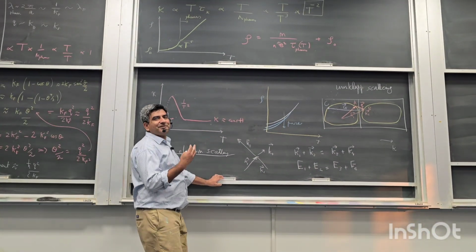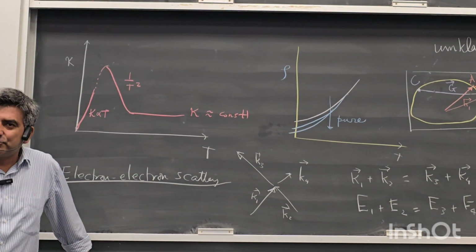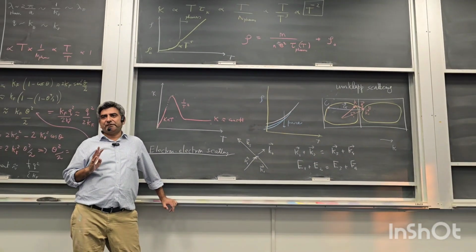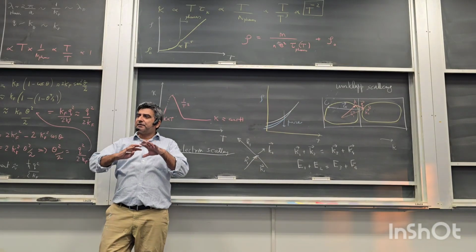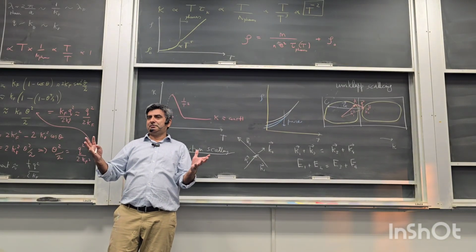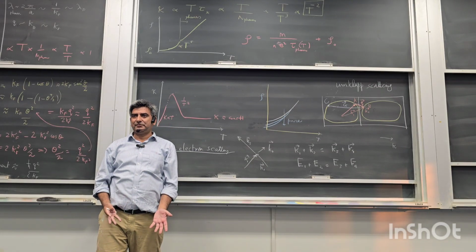Now let's look at the easy problem. Is electron-electron scattering happening at 0 kelvins? At 0 kelvins, the Fermi sphere is totally occupied up to the boundary of the Fermi sphere.